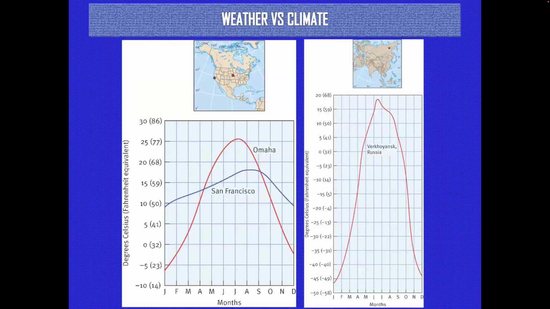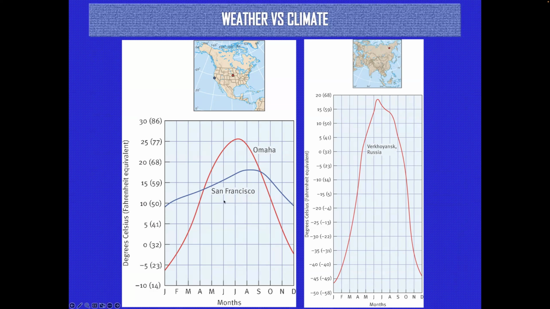Here's an example. Let's look at the city of Omaha, Nebraska, and San Francisco. They are both at roughly similar latitudes, but Omaha gets much hotter in summer and much colder in winter. San Francisco doesn't really have hot summers, and their winters aren't especially cold.